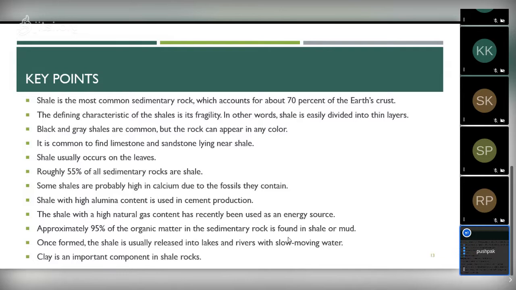Approximately 95% of the organic matter in sedimentary rock is found in shale or mud. Once formed, the shale is usually deposited in lakes and rivers with slow moving water. Clay is an important component of shale. And with that, I will sum it up. Thank you.